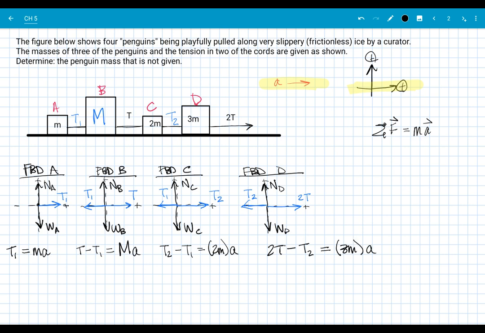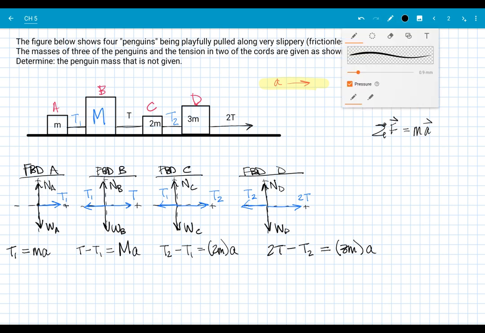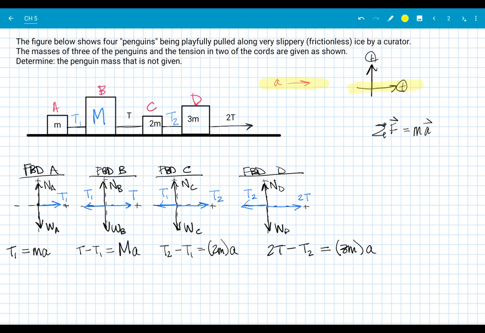Now notice that the right-hand side of each of these equations that I just wrote out, these are my Newton's second law equations, is positive in all these cases. These are vector equations. The directions matter, the signs matter. They're positive in each case because we chose positive in the direction of acceleration.